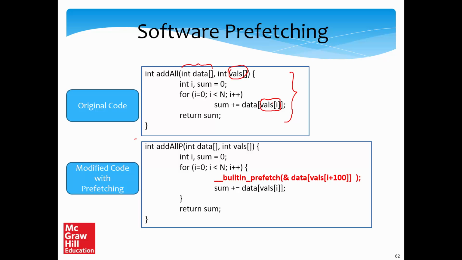We assume that each entry of the vals array contains an index. We take that index and we access the data array, and whatever number is stored over there, we add it to the sum, and finally we return the sum. So this is called the add all function.